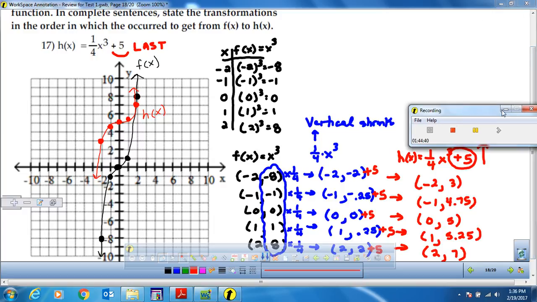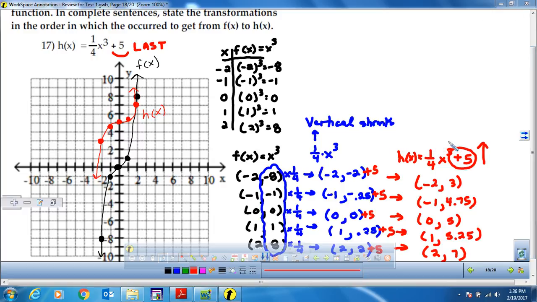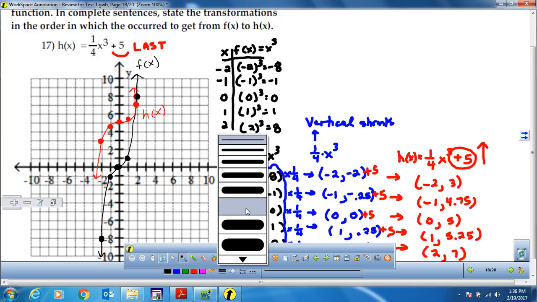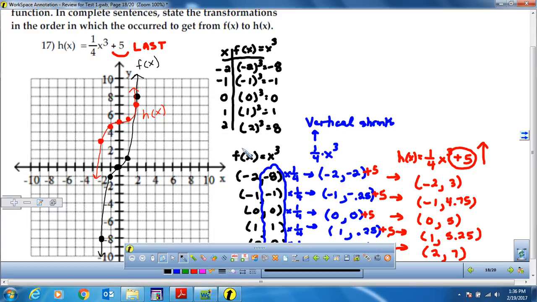To complete this problem, what we need to do next is describe how the graph of h is related to the graph of f. So I'm going to write the description here.